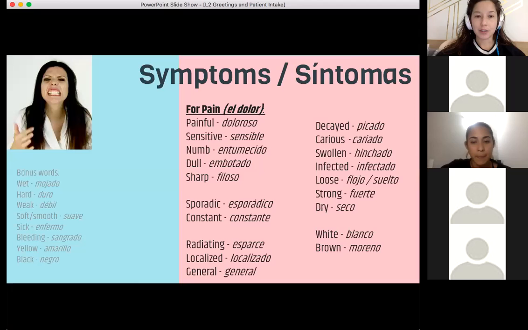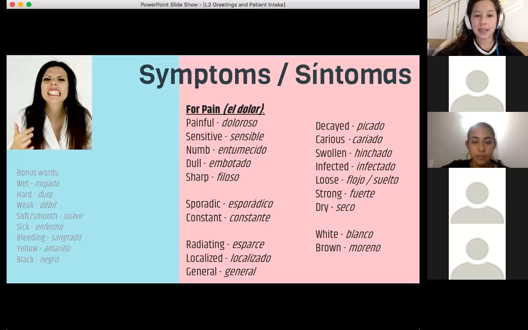We have a lot of descriptors for pain, including painful or doloroso, sensitive, which isn't sensitivo. Sensitivo means like you are emotionally sensitive, almost. Sensible is sensitive in Spanish for this type of sensation. Numb, entumecido, dull, embotado, sharp, filoso.